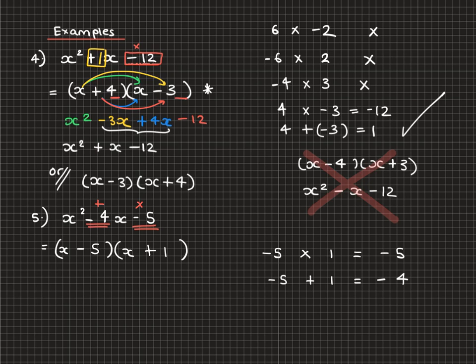We'll finish off with a final check just to see that we've done this correctly. So x squared plus x minus 5x minus 5, and this simplifies to give us x squared minus 4x minus 5 at the end.